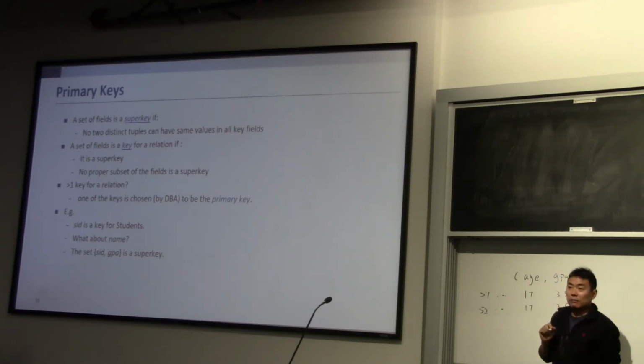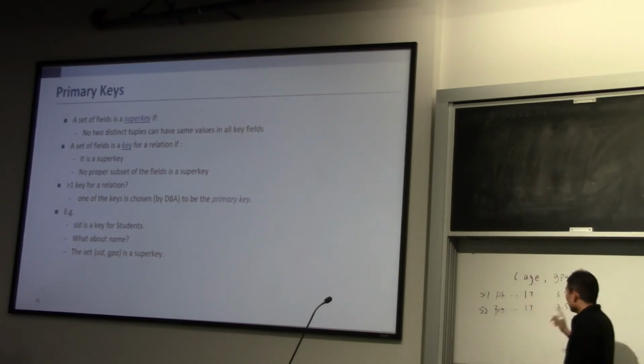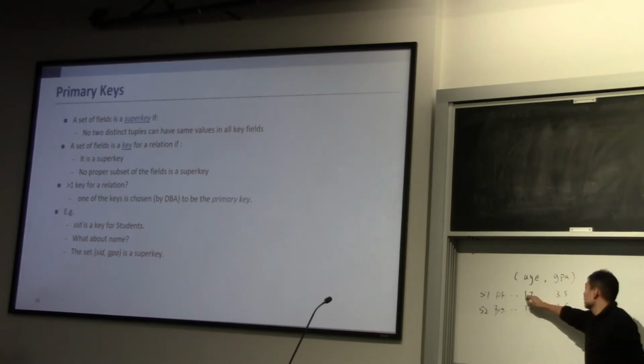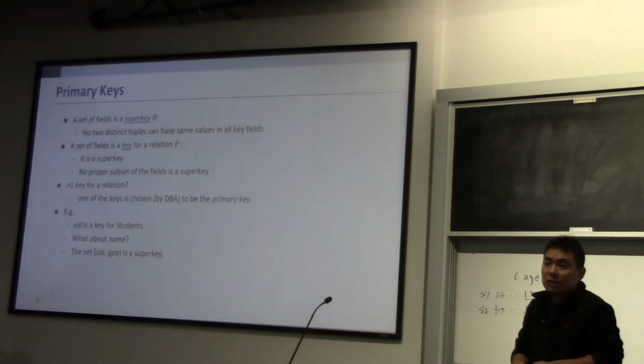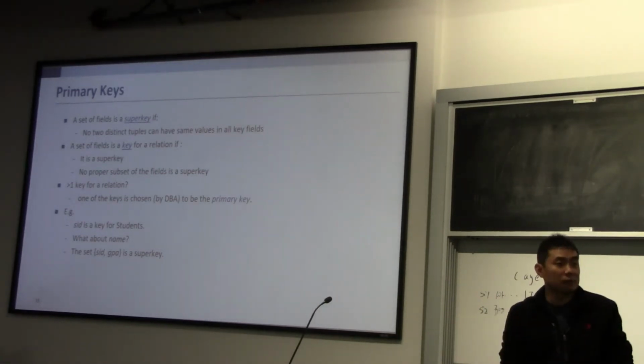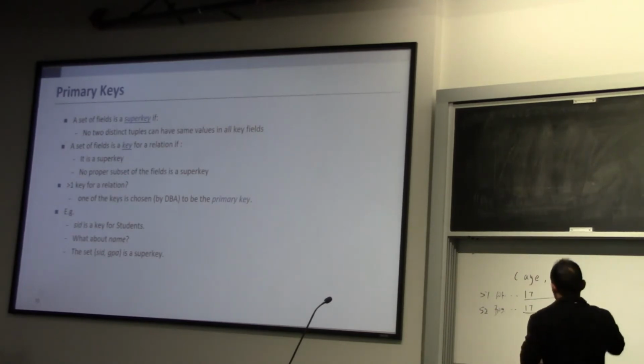That's perfectly okay. For example, the first one has student ID 101, the second one 302, with different name and login. The point is, it's perfectly okay for them to have the same values on all fields of this potential candidate for superkey. That's why it's not a superkey.